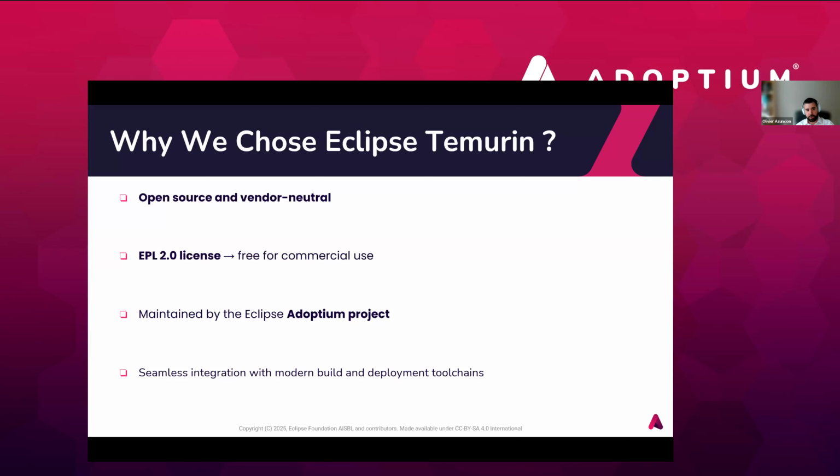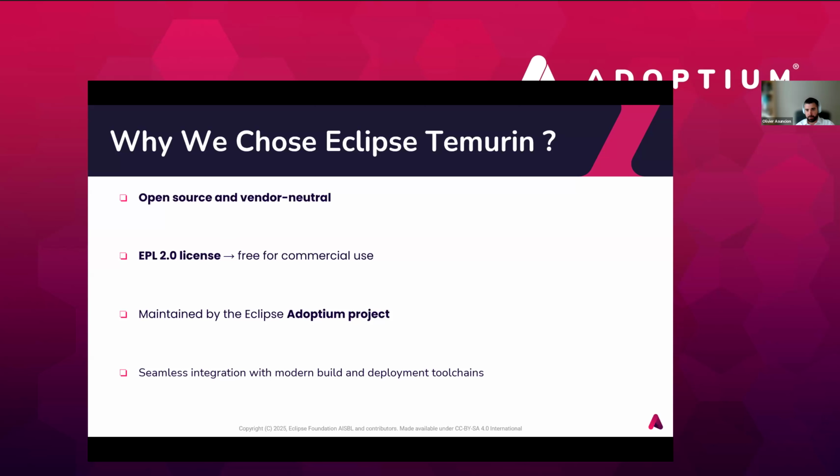Also, the commercial-friendly license, EPL 2.0, was key because it gives us the possibility to ship Eclipse Tradista for free, and it can also be used for commercial use. The license allows that. Also, there is a huge community behind the tool, which gives confidence in the possibility to receive releases and fixes, and it was also a key element.